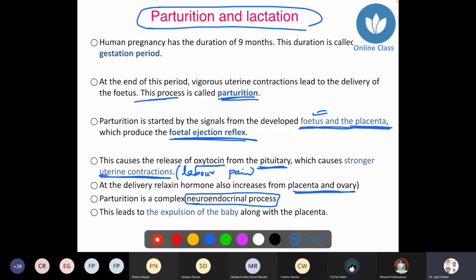So very important to note that the fetal ejection reflex comes from where? From the baby. The baby is the first one to produce it. Then once it produces, this sends signals to the brain, the pituitary, to release the hormone, that is oxytocin. As the oxytocin increases, there is a lot of labor pain, and as the labor pain starts, the uterine contraction starts, and that leads to the parturition process, or the childbirth process.